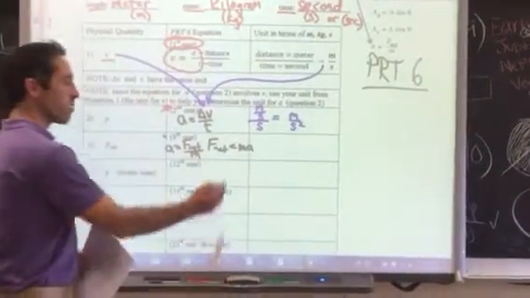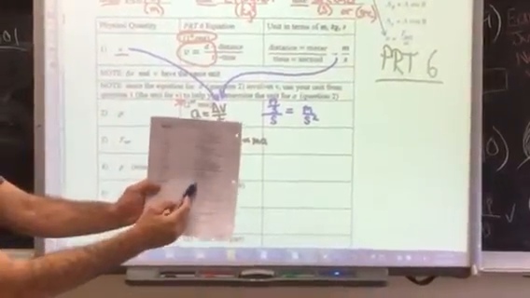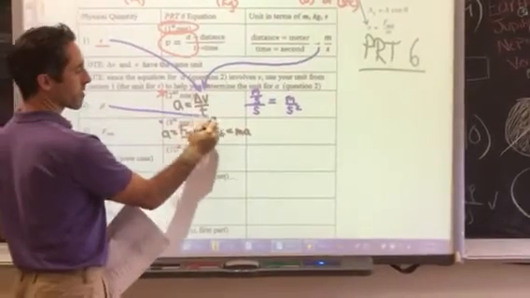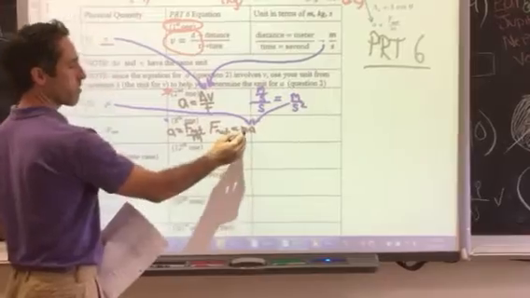So what can we do here? Well, we need the unit for M. You don't know what M is? It's mass. And we need the unit for acceleration, A. Well, we just found the unit for acceleration. Here it was. And we know the unit for mass.